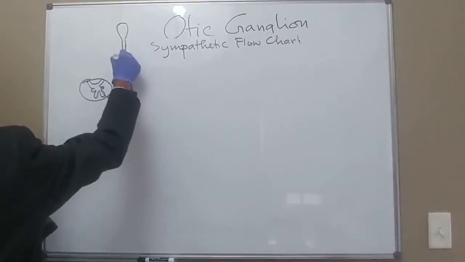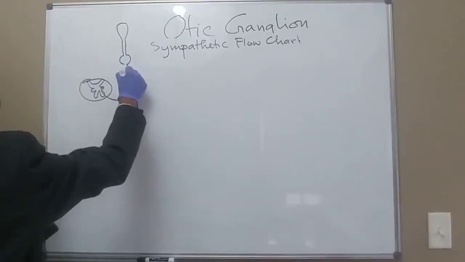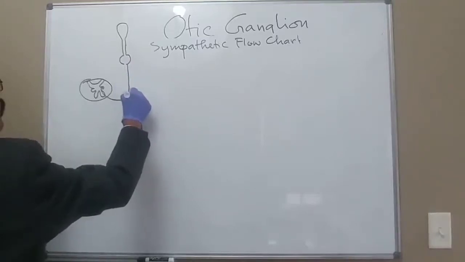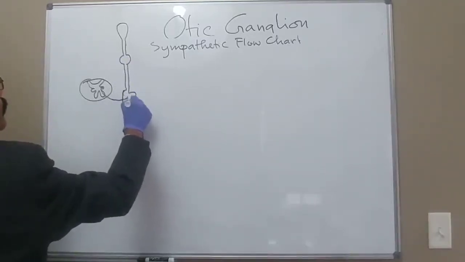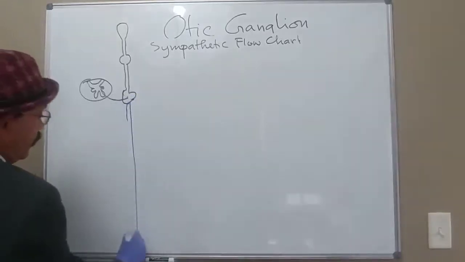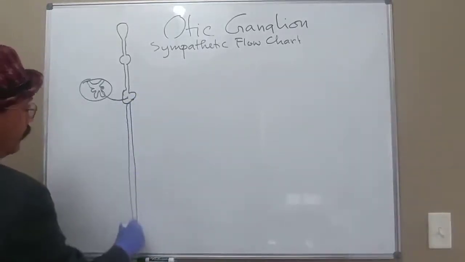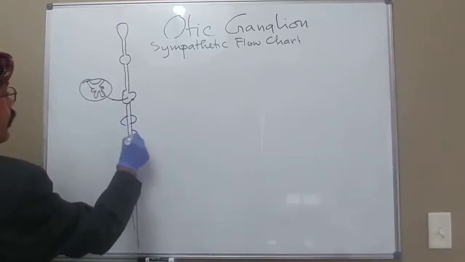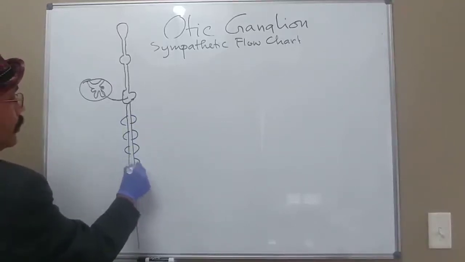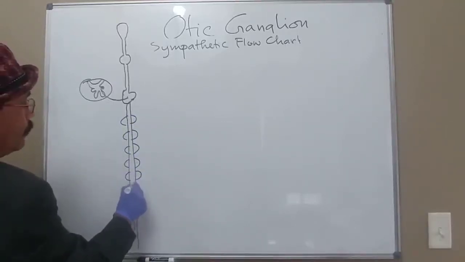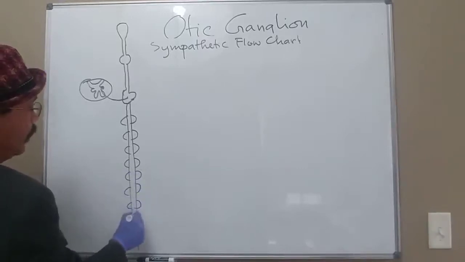Okay, we have sympathetic trunk with sympathetic chain of ganglion. It extends up to the coccyx, multiple ganglion, around 22. Sympathetic trunk has around 22 to 24 sympathetic ganglion.